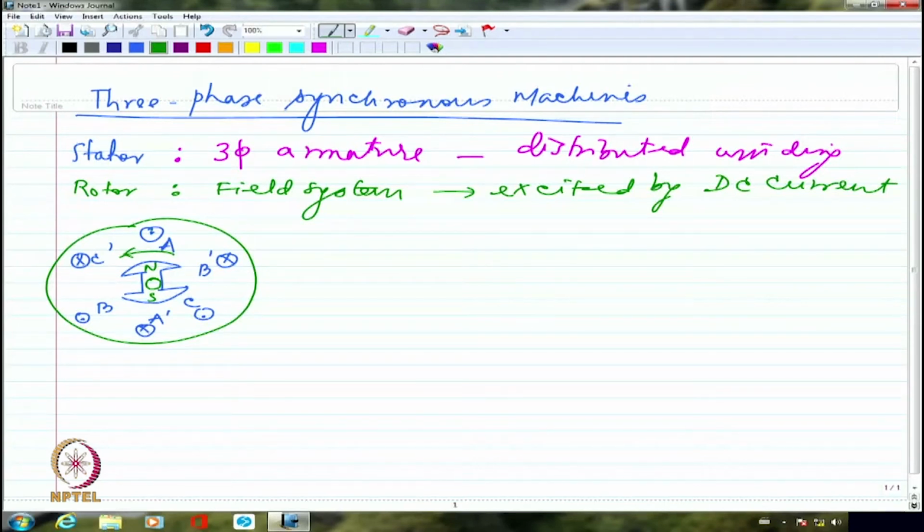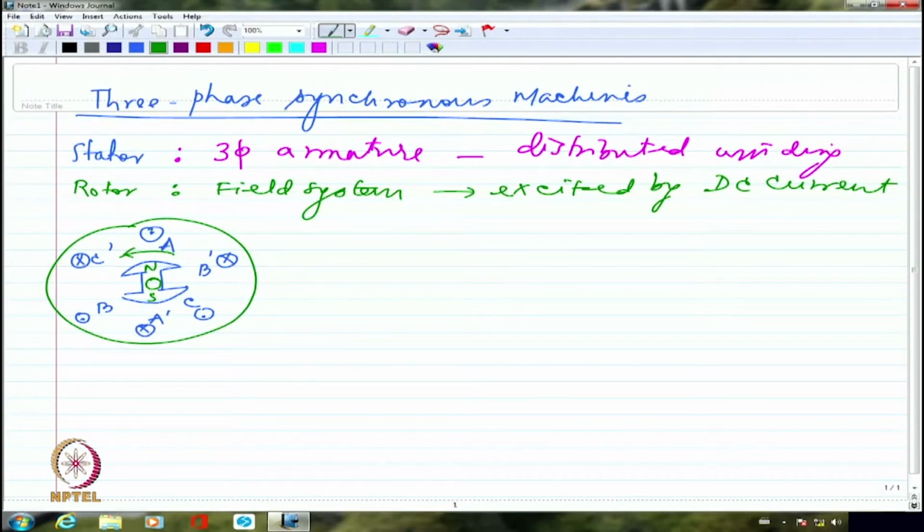Instead of having two poles, I can also have multiple poles, in which case the stator winding will also have multiple A phase windings, multiple B phase windings, multiple C phase windings, like what we talked about in the case of the induction machine. If it is 4 pole, we said A dash, A1 dash, B dash, B1 dash, and so on.